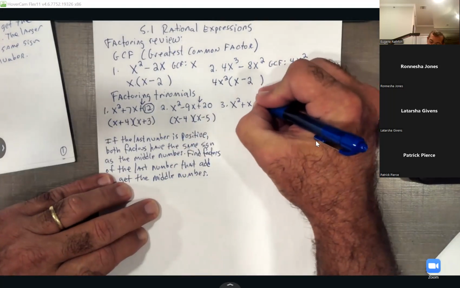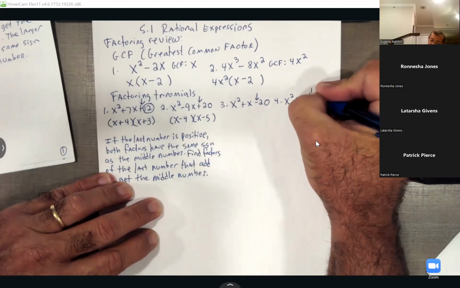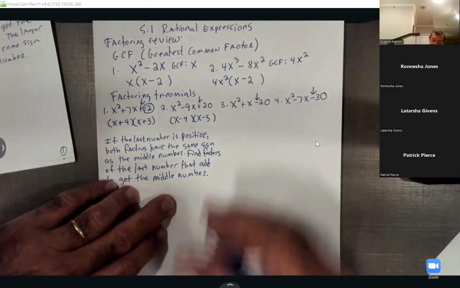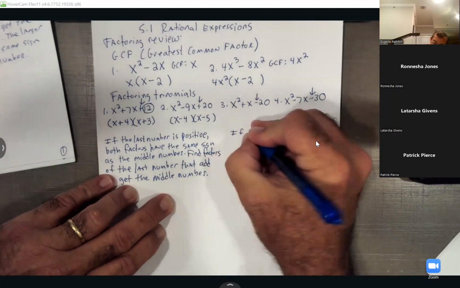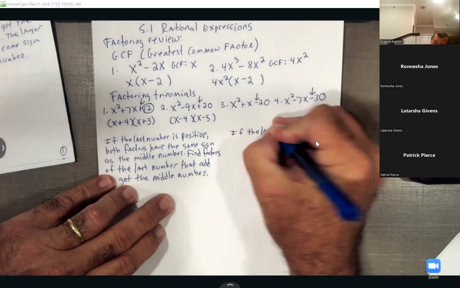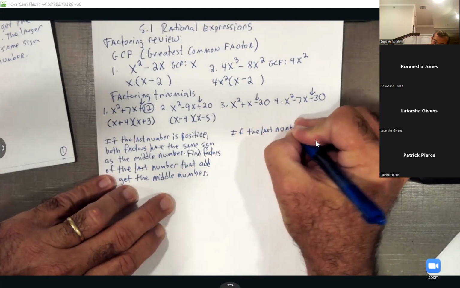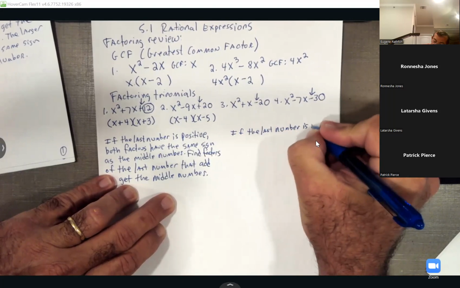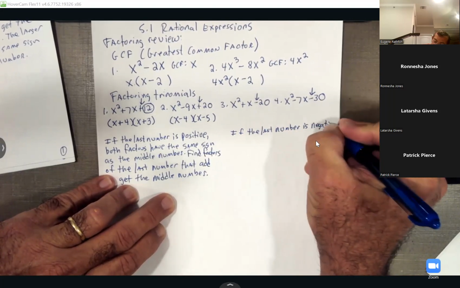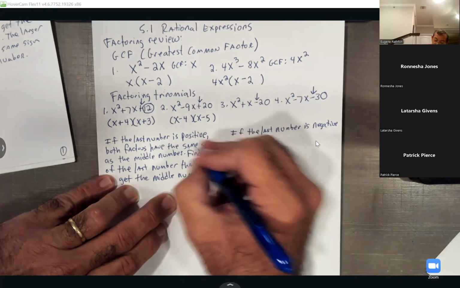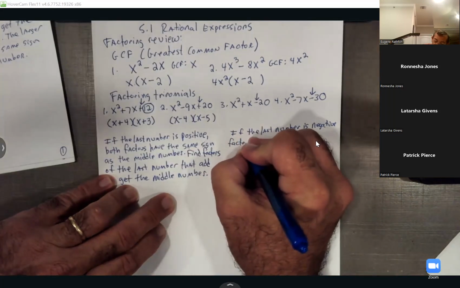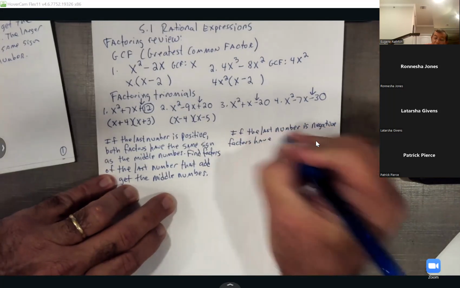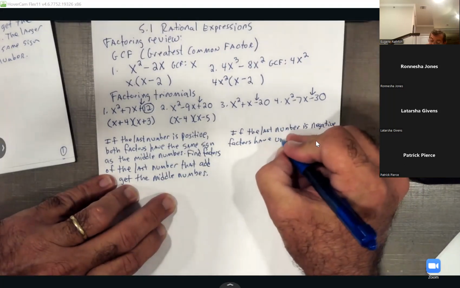Now let's look at these where the last numbers are negative. So if the last number is negative, the factors have unlike signs, so that's what y'all said, right?